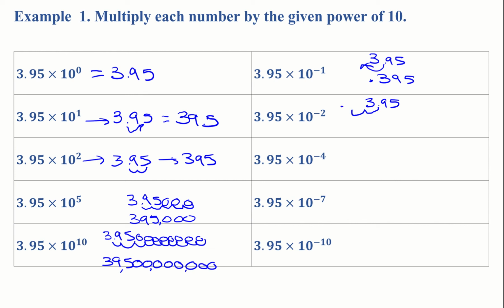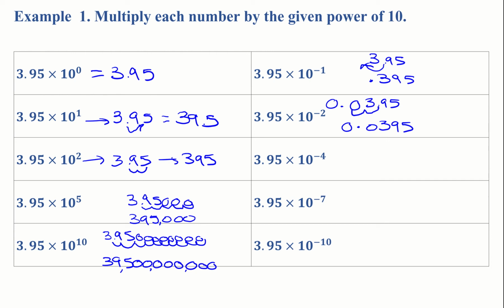So we ran out of digits, just like in the other direction. We add zeros, but on this side. So the final outcome, 0.0395. Now, whether you put a 0 on the left of this or not is optional. Most individuals like to put it there, but even if you don't, it's okay.